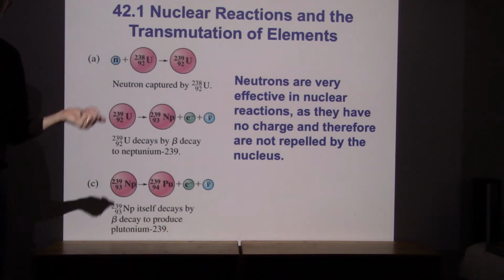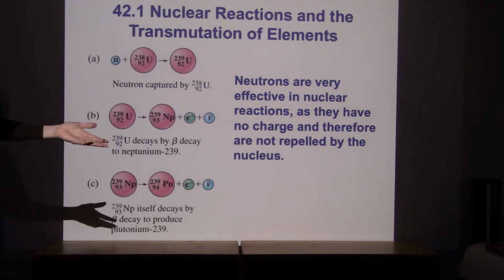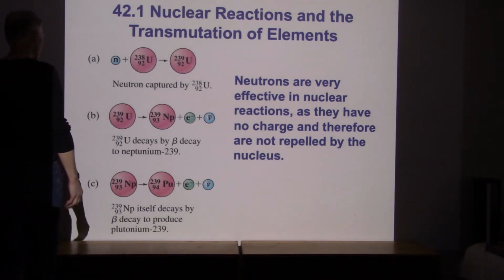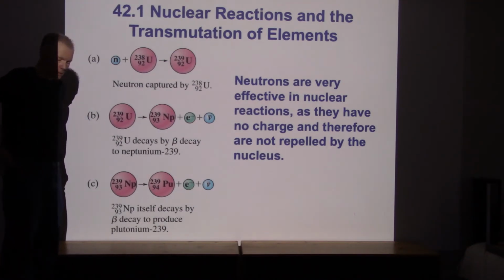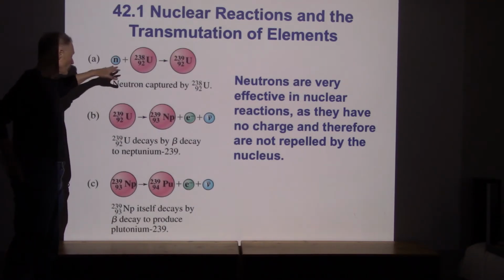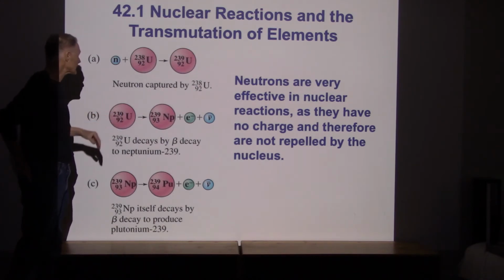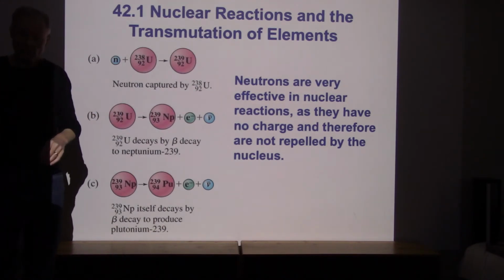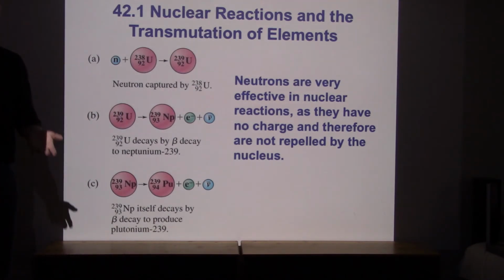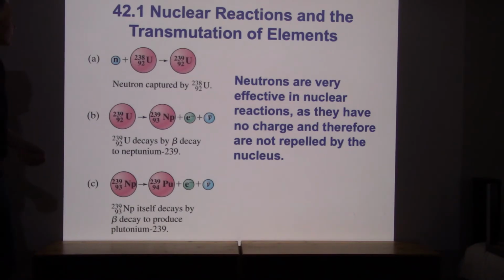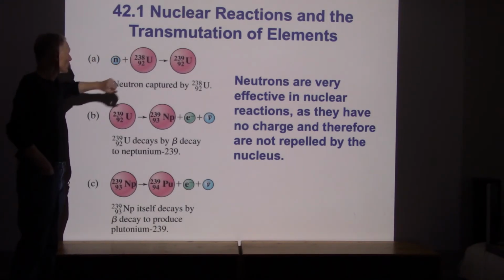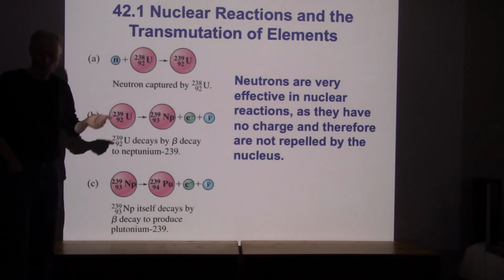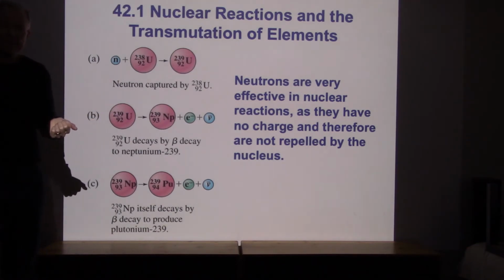Now when we get into nuclear fission, which we're going to do in just a bit here, we're going to find out that this becomes an important reaction for the possibility of using nuclear fission power plants, for example. It turns out that uranium-238 does not undergo nuclear fission. Its isotope uranium-235 does.